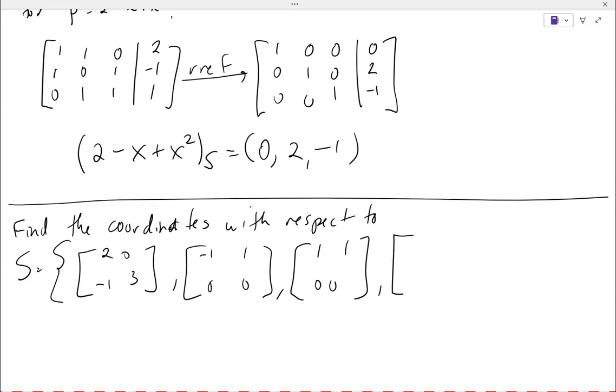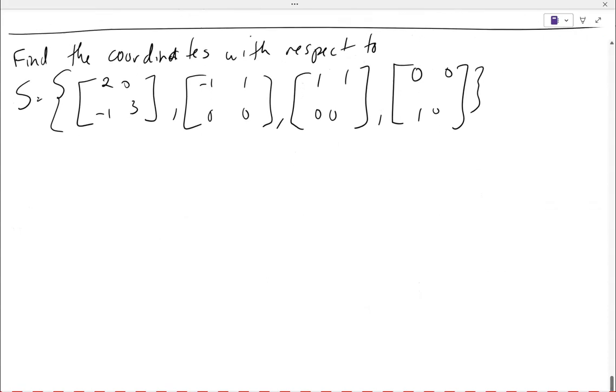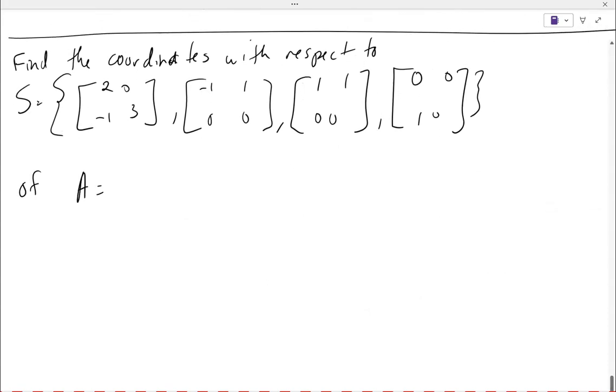And 0, 0, 1, 0, and 0, 0, 0, 1. What space here do all your vectors live in? Yeah, the 2 by 2 matrices, M22, right?